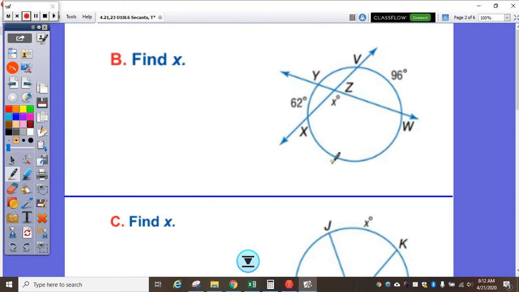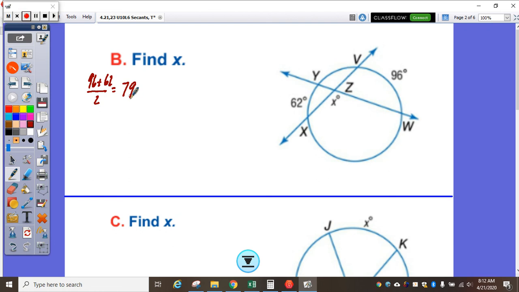Again, here we have a situation where we're looking for X, but this X right here is not one of the angles represented by these two intercepted arcs. So I'm going to have to do what we did just a second ago. I'm going to find what this angle is right here, or angle Z. So we'll take 96 plus 62, and we're going to divide it by 2. 96 plus 62 divided by 2 gives me an angle measure of 79 degrees.